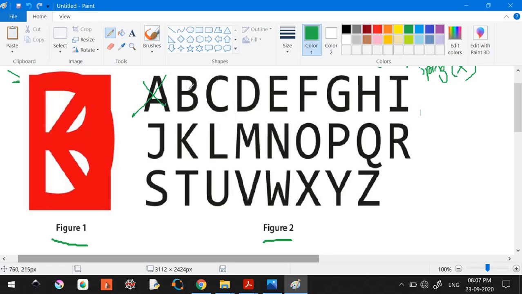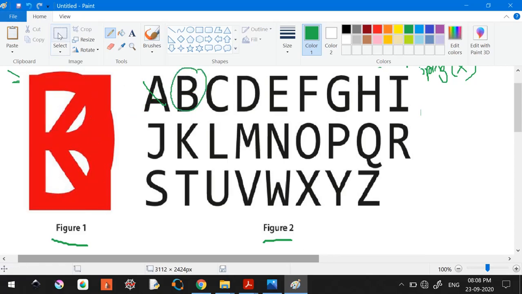B looks possible because if I check this routing and all, it looks like B is actually like this, right? So it sounds possible to me. So I think B is possible.